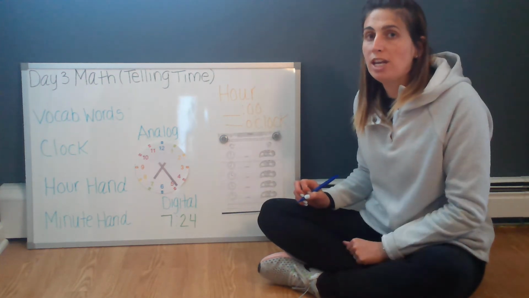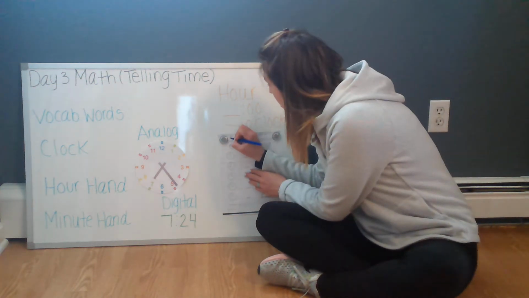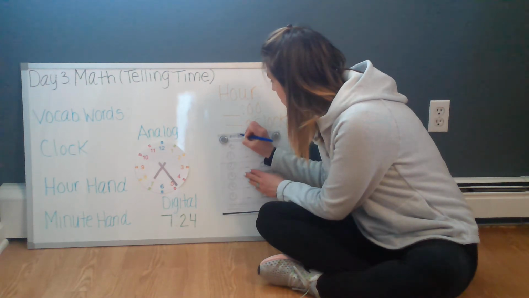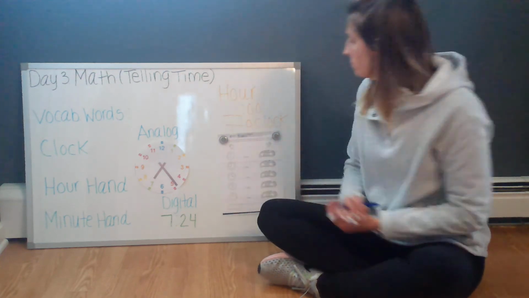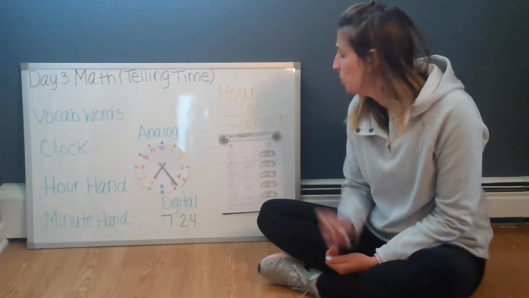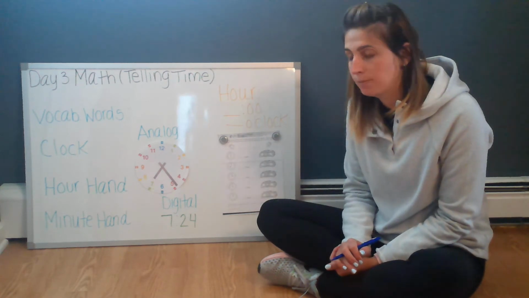So as you're writing your first and last name, I'm going to write my name on the top of my worksheet. And we are going to do the first one together.